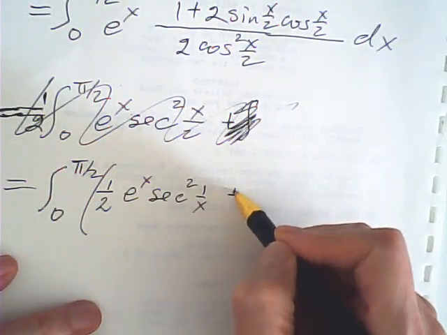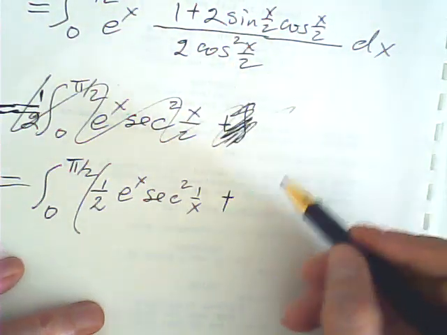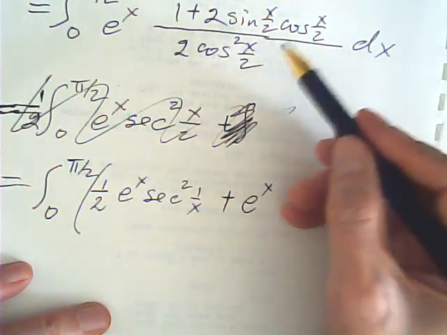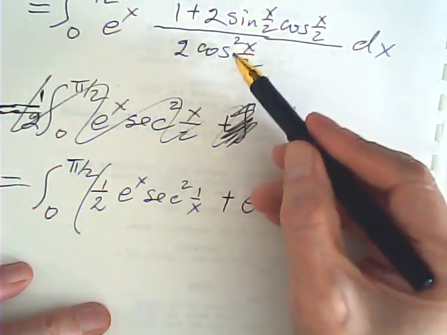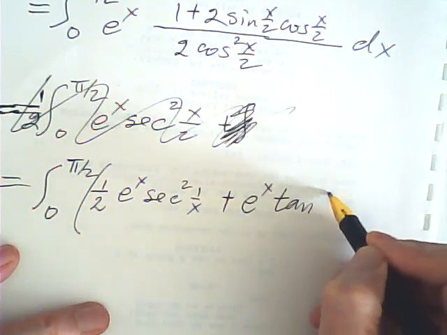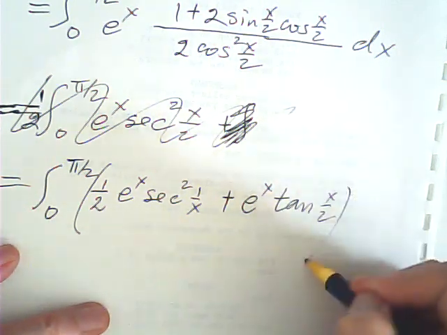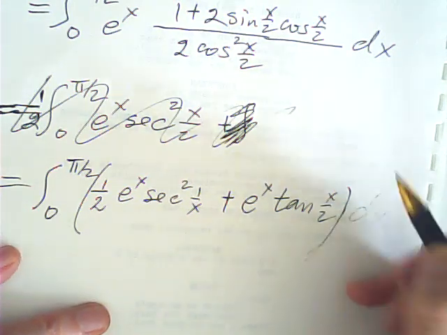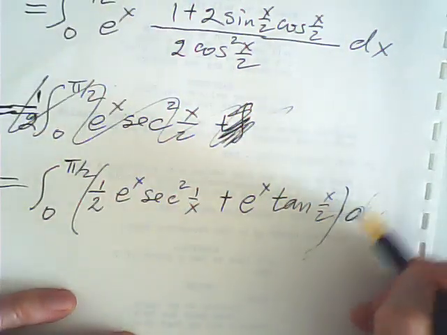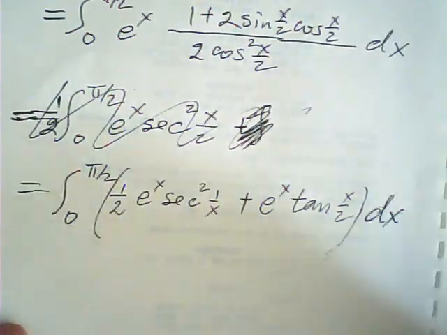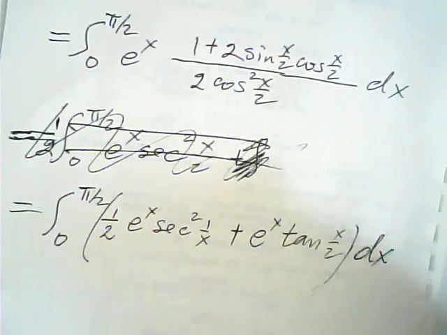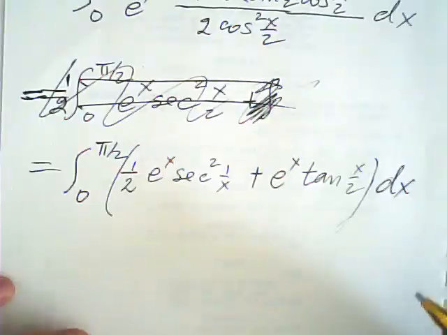And plus, to cancel out, e^x, cosine cancels out, another cosine becomes tangent, tangent half x. Okay, that is better, easier, more clear to accept.